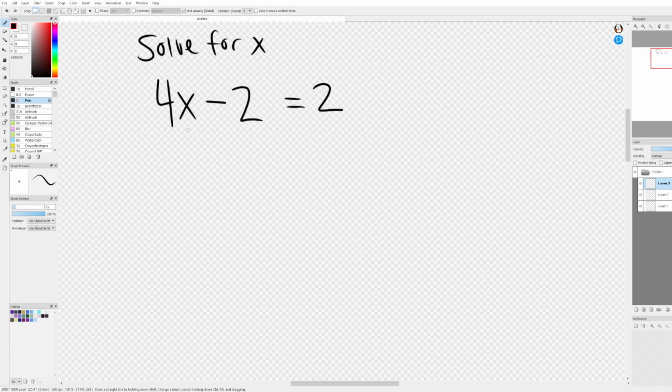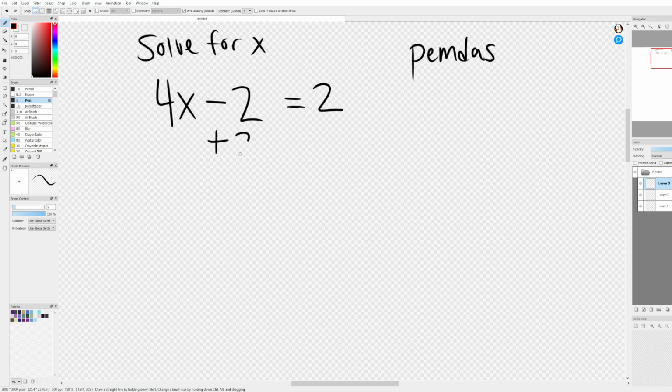To do this, we want x to be by itself, because x equals something is what x is, basically. You've solved for x. So to get x by itself, there are a few things that we have to do first. We want to go according to PEMDAS, the order of operations.